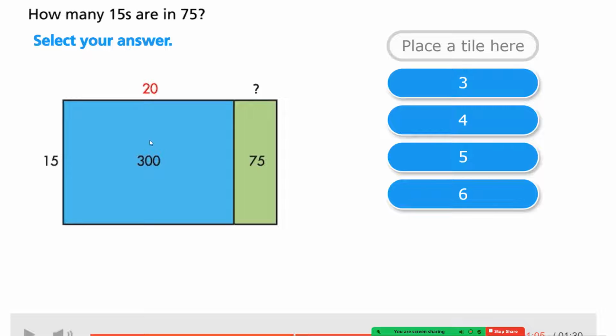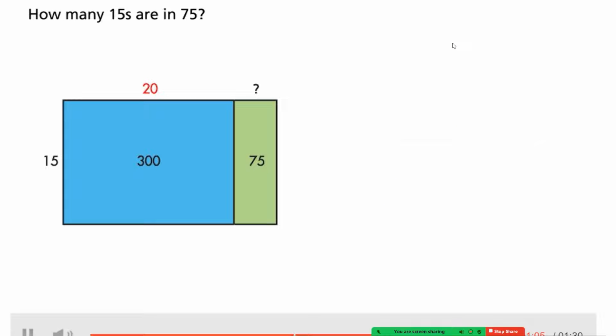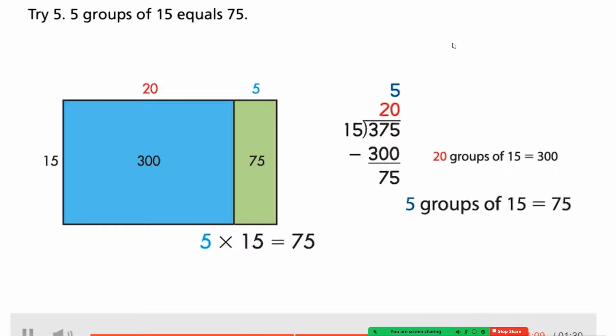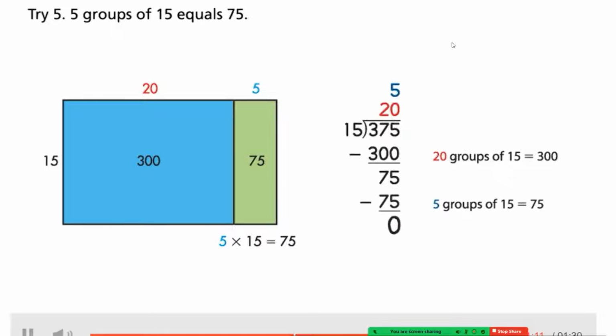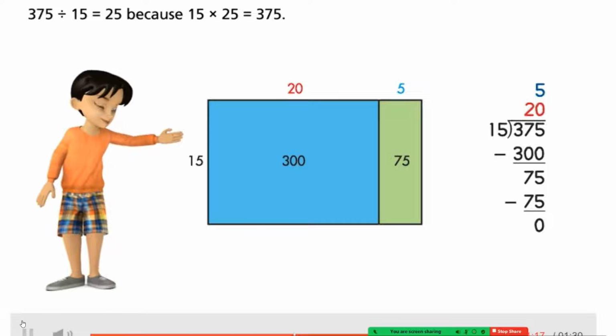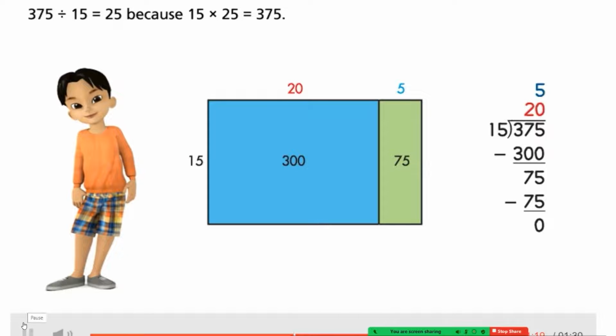So 15 times 20 is 300, and then 15 times 5 is going to give you 75. Try 5. 5 groups of 15 equals 75. 375 divided by 15 equals 25, because 15 times 25 equals 375.